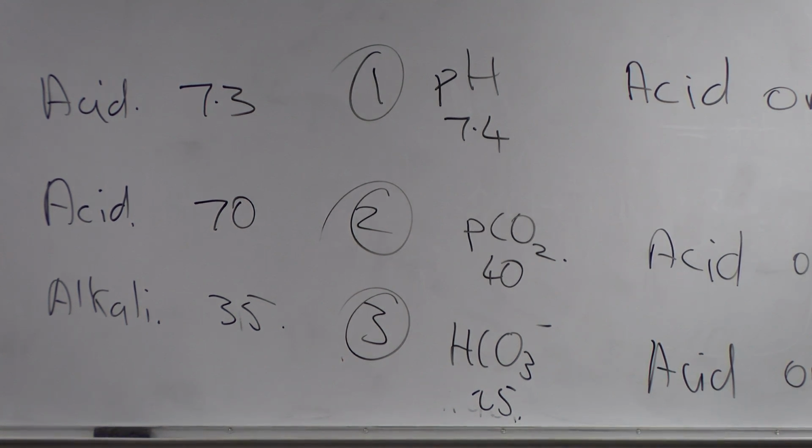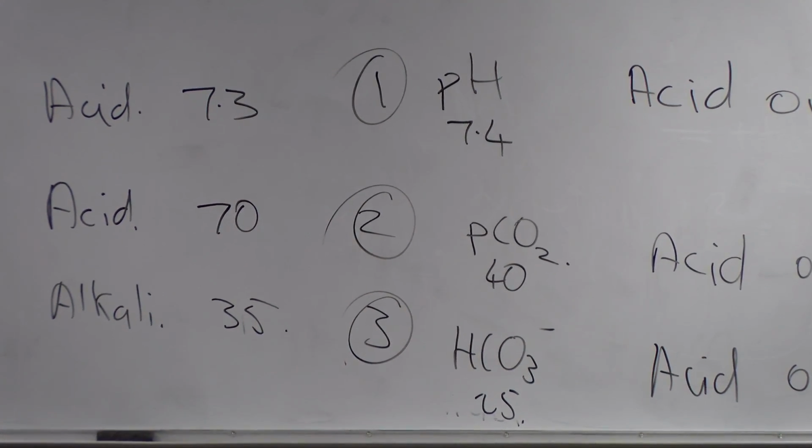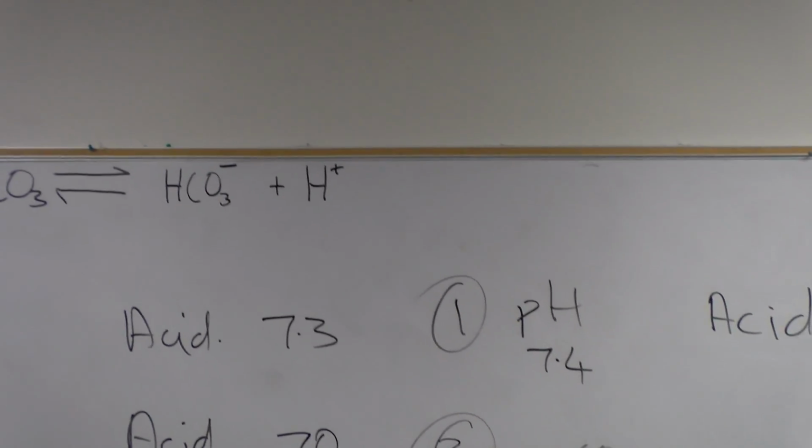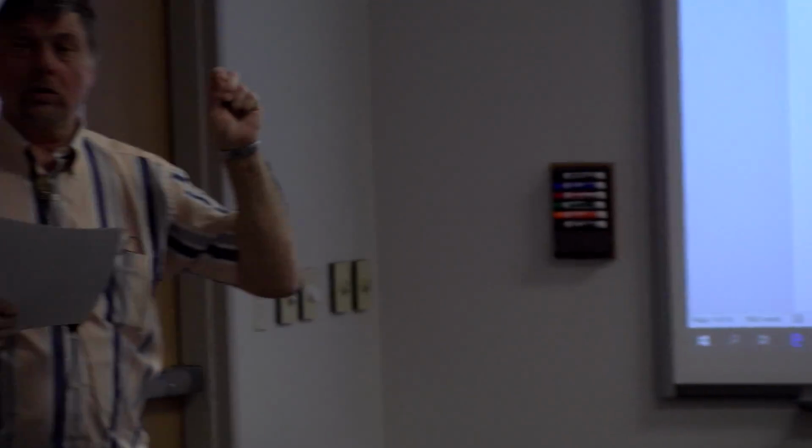But is it that simple? This is in its 4th day. The lungs should have compensated by now, okay? But if you look back at the history, chronic bronchitis. So he's basically got 2 defects.